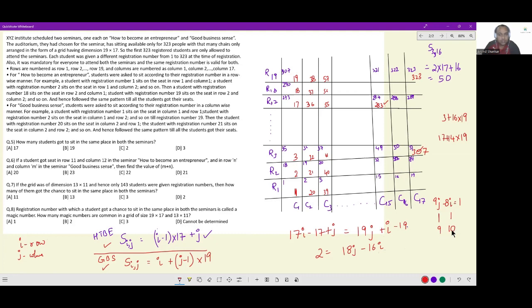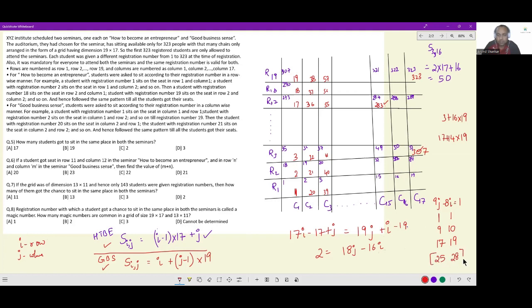The next case would be when j increases by 8, so it becomes 17, and i increases by 9, becomes 19. The next case would be when j increases by 8, it reaches 25, and i increases by 9, it becomes 28.